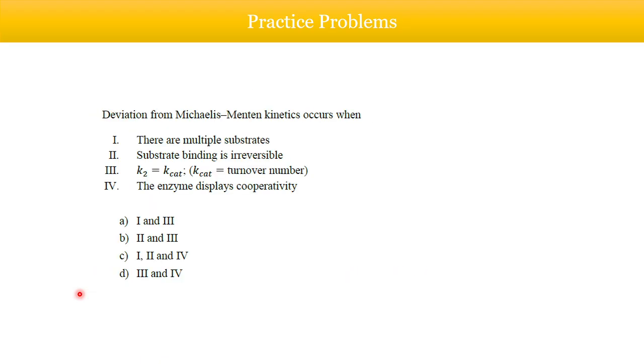Okay. Now, deviation from Michaelis-Menten kinetics occurs when: there are multiple substrates; substrate binding is irreversible; K2 equals K cat; and the enzyme displays cooperativity. So when do you see this?